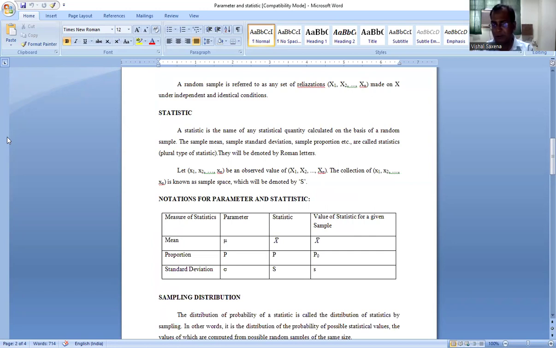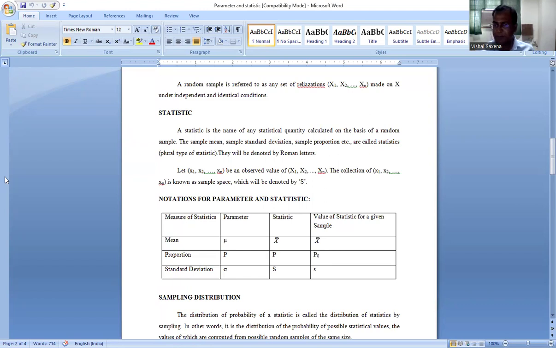And now the notations for parameter and statistic: how can we give the notation for the parameter and statistic. Parameter means for the population and statistic means for the sample. Some statistical quantities are the mean, proportion, and standard deviation.